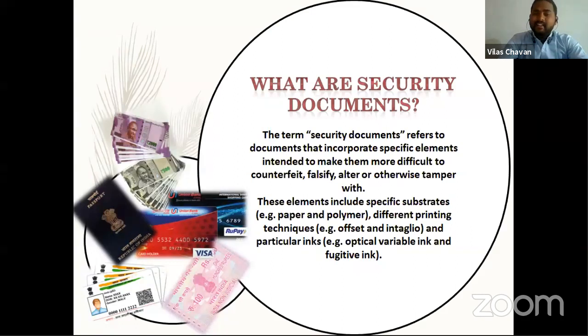Here, these elements include specific substrates, that may be security paper which is being used for printing currency notes. Then different printing techniques, it may be offset, intaglio, or letterpress, and special kinds of ink. In case of currency notes, we use optical variable.